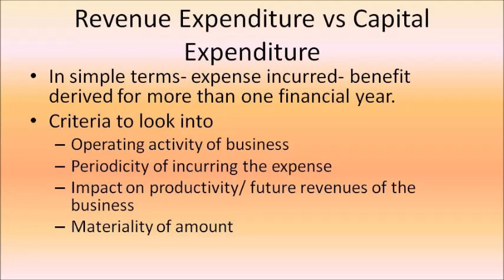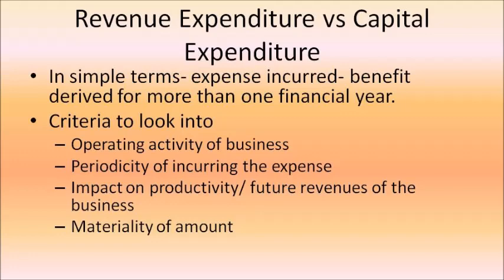So the periodicity of spending on machinery is not frequent, and in such cases they are capital expenditure. In case of other expenses like payment of wages and salaries to employees, these are more frequent and recurring within a financial year. In such cases, these are revenue expenditure.